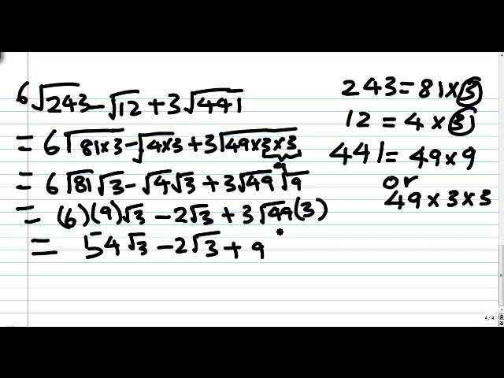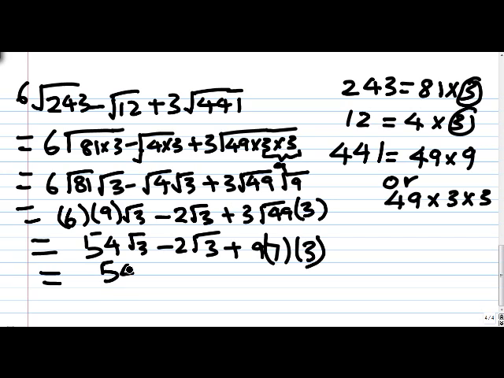Oops, I forgot to do this. 9 square root 49 is actually 7. So 9 times 7 times 3. There you go.